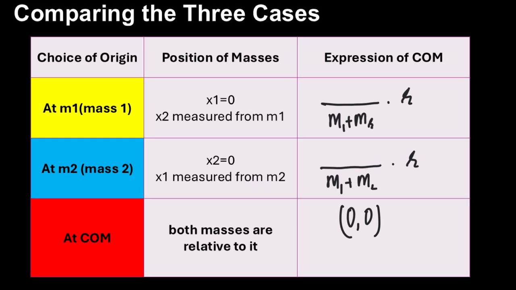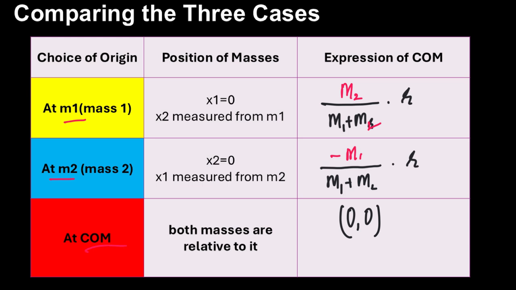When m1 is at the origin, expression of center of mass is m2 divided by m1 plus m2 into r. When origin is chosen to be m2, then the x bar is m1 into r divided by m1 plus m2.